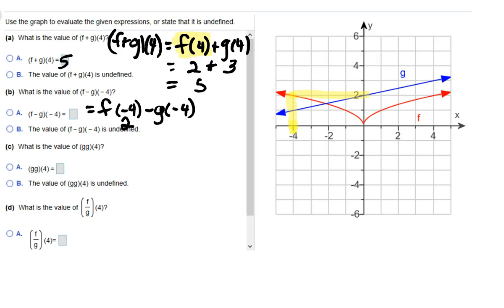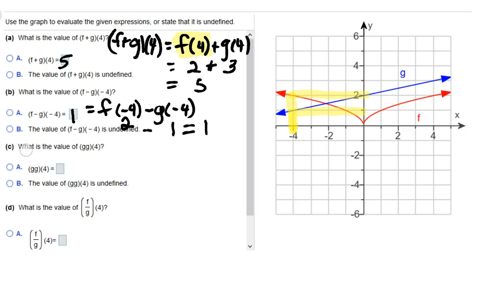We go up to that y value, and over, we have 1. g of negative 4 is 1. Then we're going to subtract those two values, and 2 minus 1 is 1. So for part B, f minus g of negative 4 is 1.